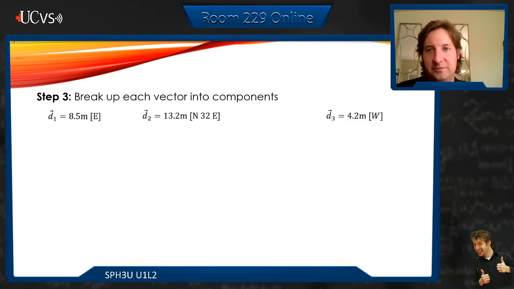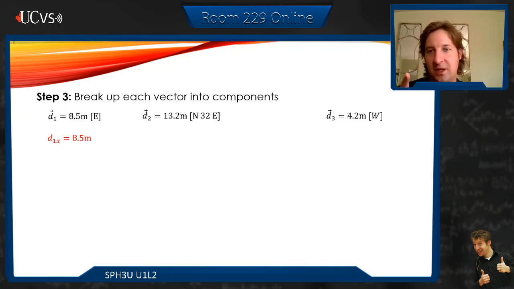d1, pretty straightforward. We know that it's going east. Its x direction component, east, and positive 8.5, because I know that the easterly direction I called positive. So when I break it into components, that directionality is still kind of there. It's still hidden, but it's hidden in the plus or the minus.